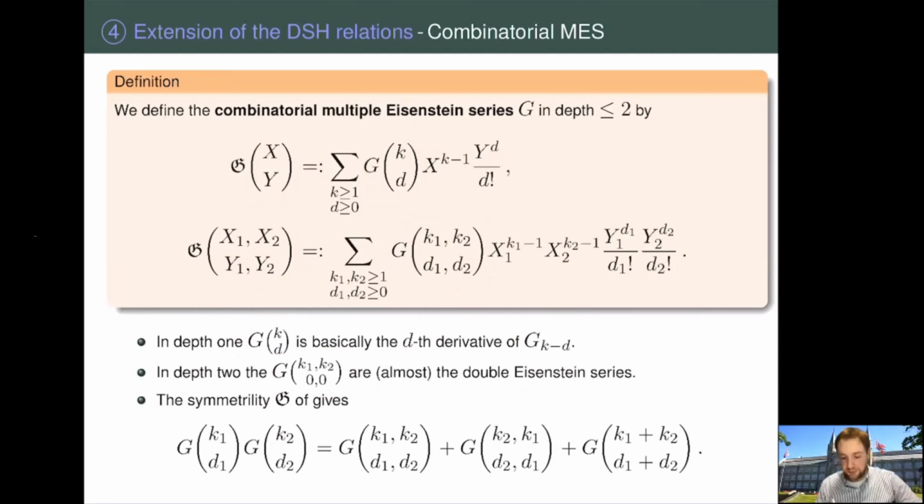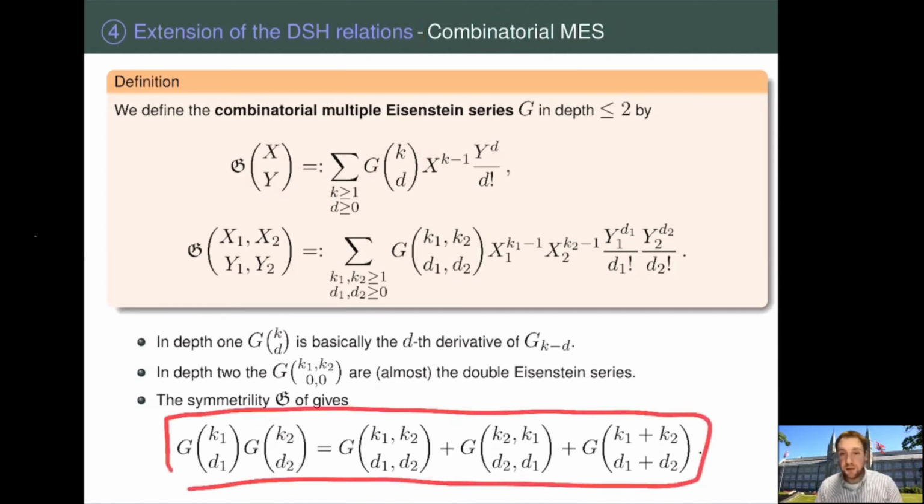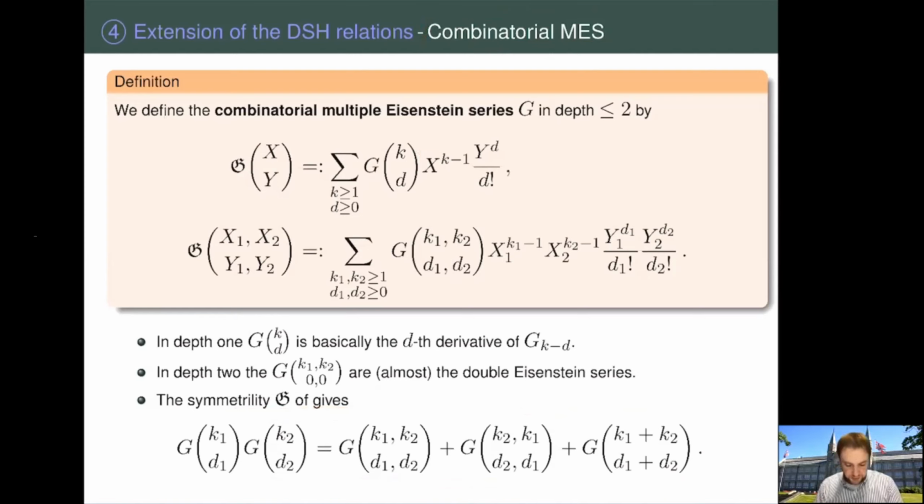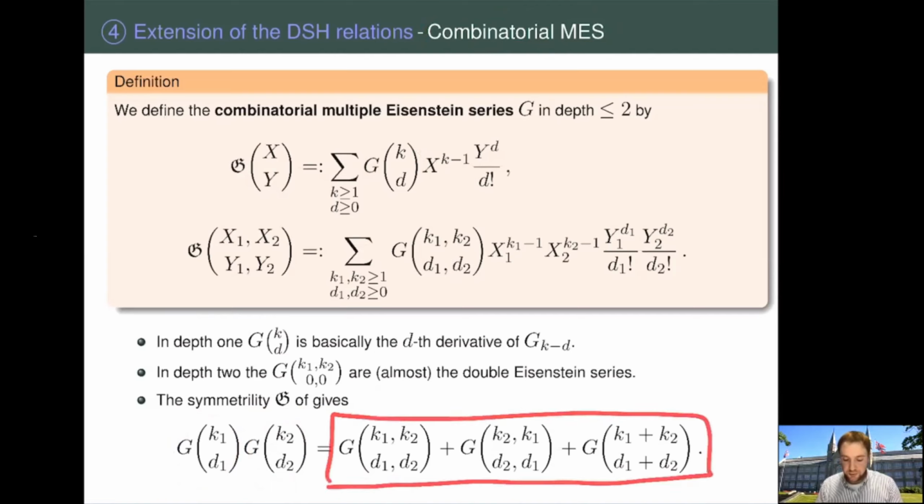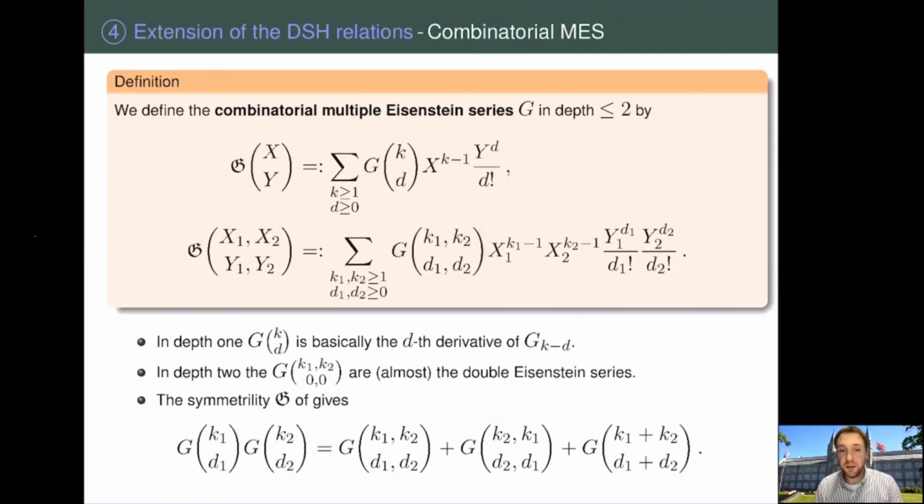And so these are also defined in depth 3, and these somehow generalize what Gangl-Kaneko-Zagier called combinatorial double Eisenstein series, and that's why we call these combinatorial multiple Eisenstein series. And for example, the symmetricity of this B-mold just states that you have formulas like this here. So here you can think of, I have the product of two derivatives of Eisenstein series, and these can again be written in terms of these combinatorial double Eisenstein series.